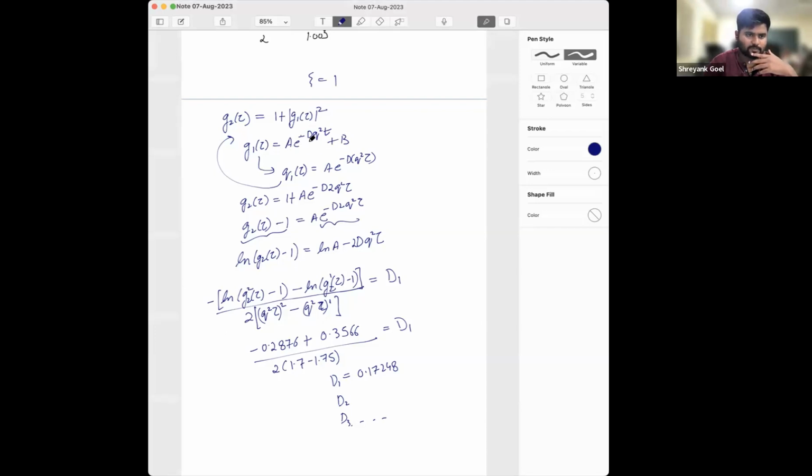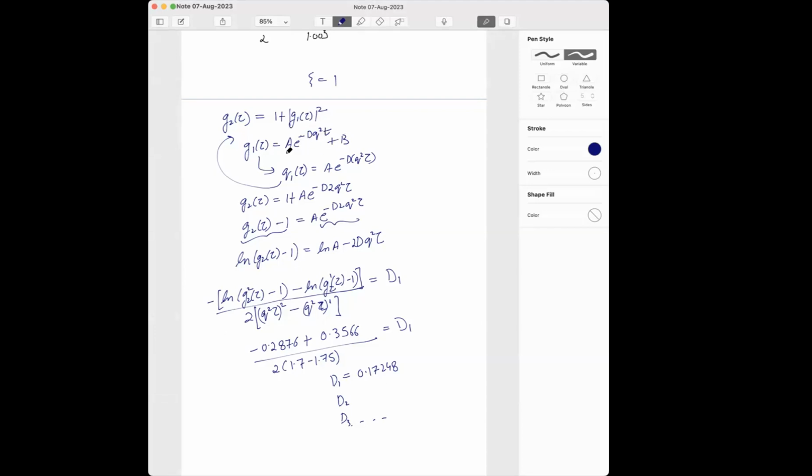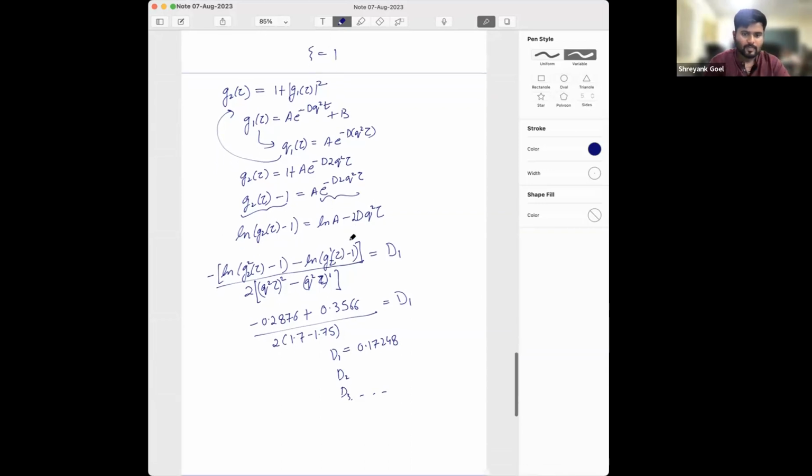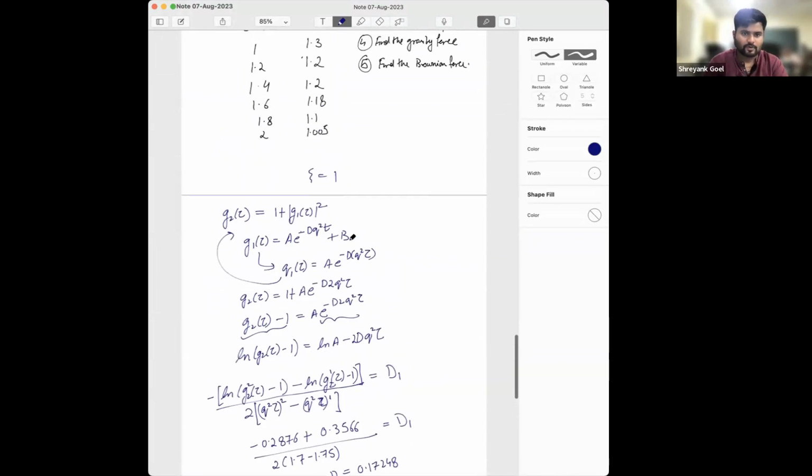So the functional form is important. Okay, sir. Because if you take ln of this also, then how can you separate these two? So you can ignore it.